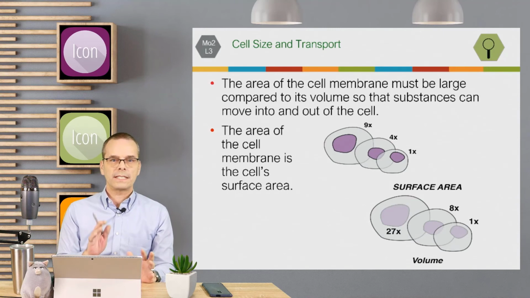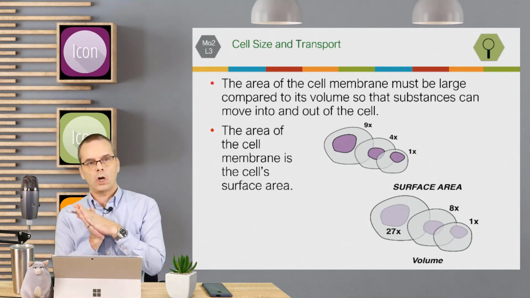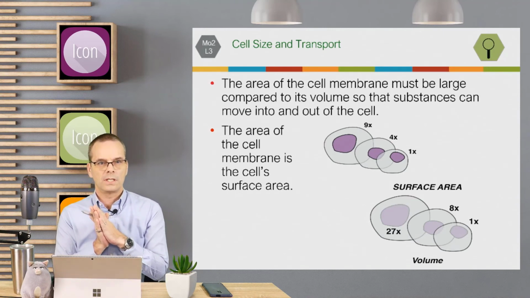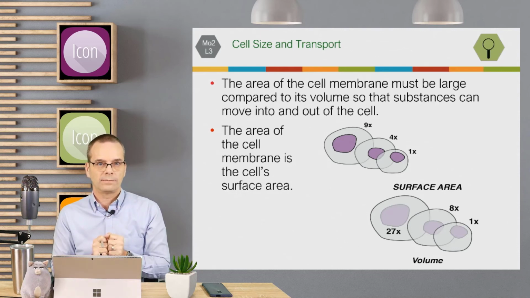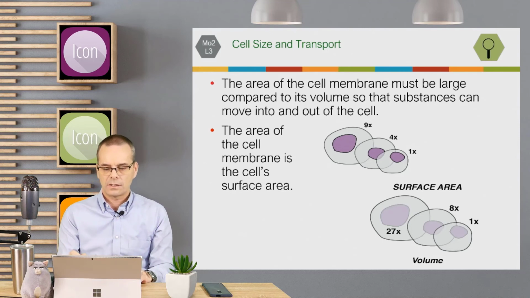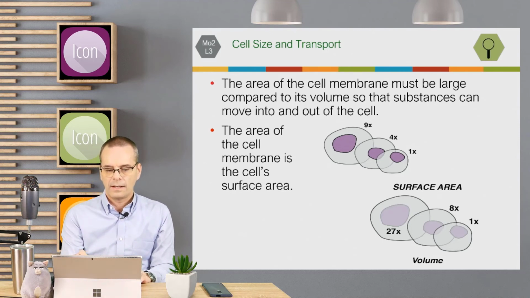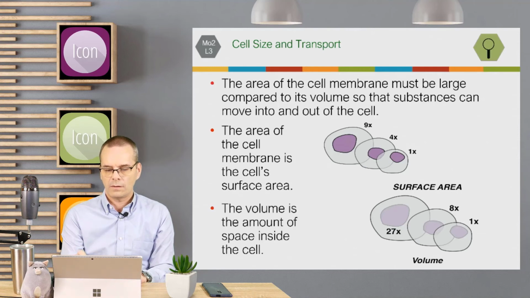So the area of a cell membrane must be large compared to its volume, so substances can move in and out. Right? The area of a cell membrane is the cell's surface. So if you look here, the volume is the amount of space inside the cell, right? So this is the volume.